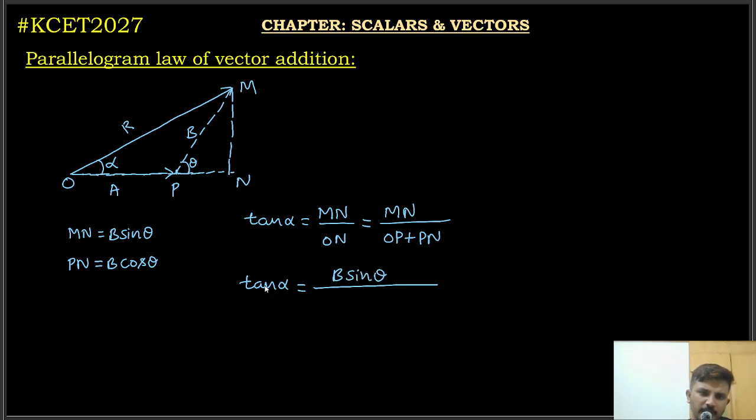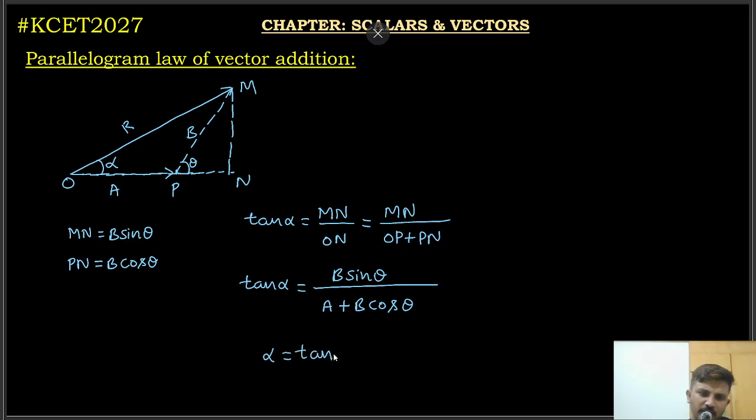OP is A, magnitude of vector A, and PN is B cos theta. Now I need to find out alpha value, so I will take tan to the right hand side.